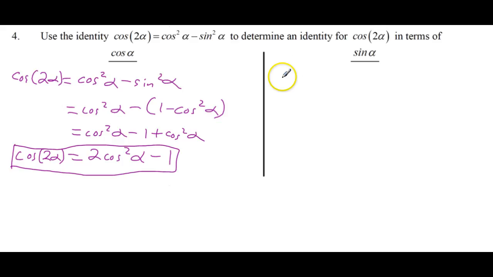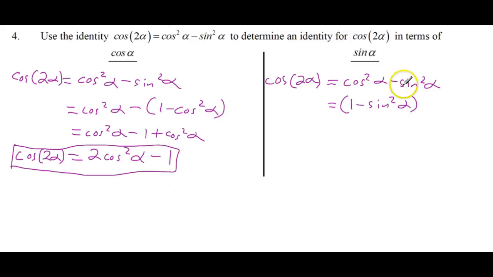Okay, what if I want to do this in terms of sine alpha? Well, let's get rid of cos squared. So cos of 2 alpha is equal to, let's just start with the statement. We need a starting point, which is the actual identity. Instead of cos squared, we're going to go 1 minus sine squared, and that comes from the identity sine squared theta plus cos squared theta is equal to 1.